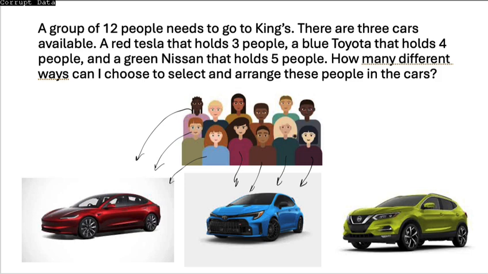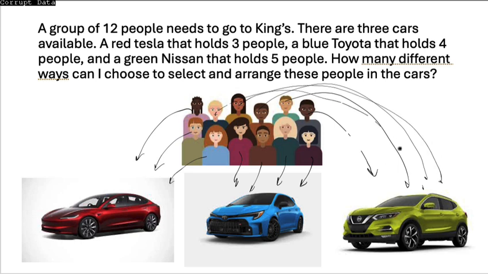And in another particular way, this one and this one to the Nissan. So this is one particular way that I can select and group the people and then put them into 3 bins, right? So I have to group the people and put them into 3 bins, okay?